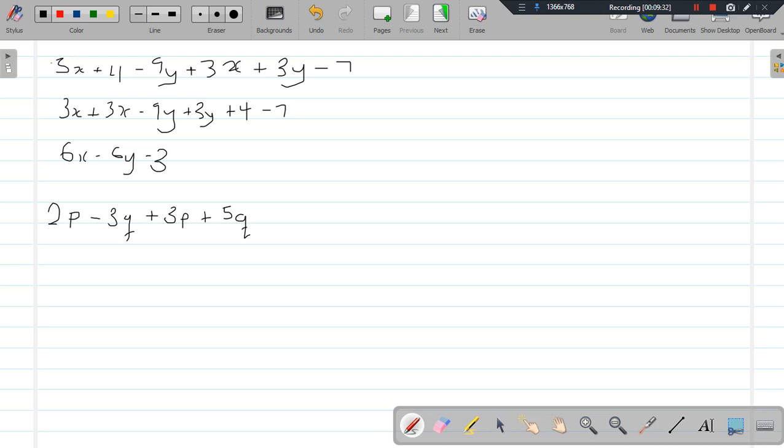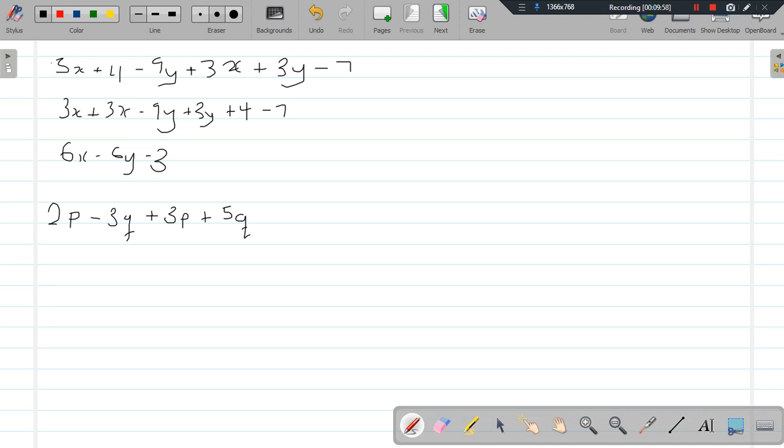The step still holds. We are saying that you look and identify the like terms here. The variables in this particular expression are p and q. So we have to look at how many p are there in this expression.